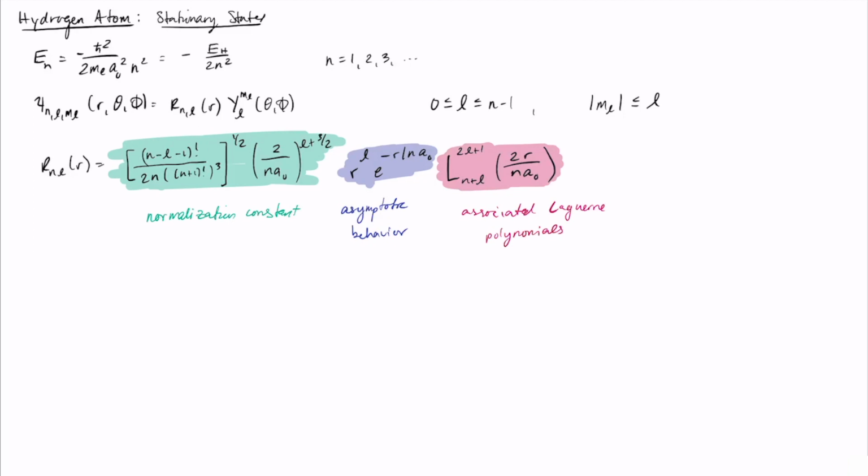At this point, these special polynomials that keep popping up should start to sound a little bit like a broken record, right? So the associated Laguerre polynomials are a special set of polynomials that have their own orthogonality properties and that just naturally pop up in the solution of this and some other differential equations.